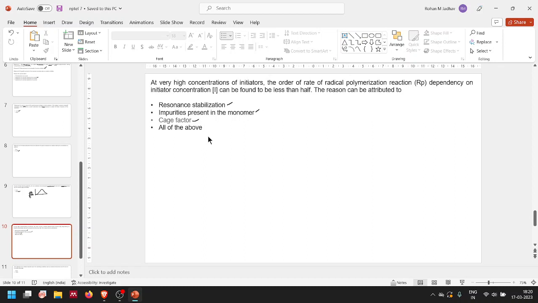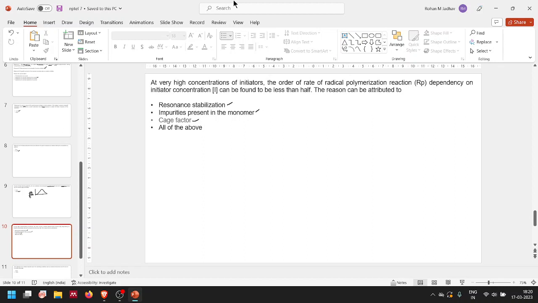Amongst these, impurities are small in concentration, so a high initiator concentration can be used to offset the impurities present in the monomer. So that won't be dependent on it. And as far as resonance stabilization goes, its dependency on initiator concentration is not significant.